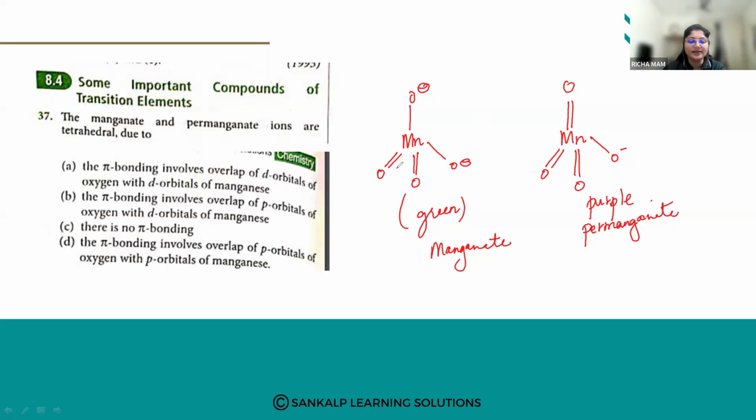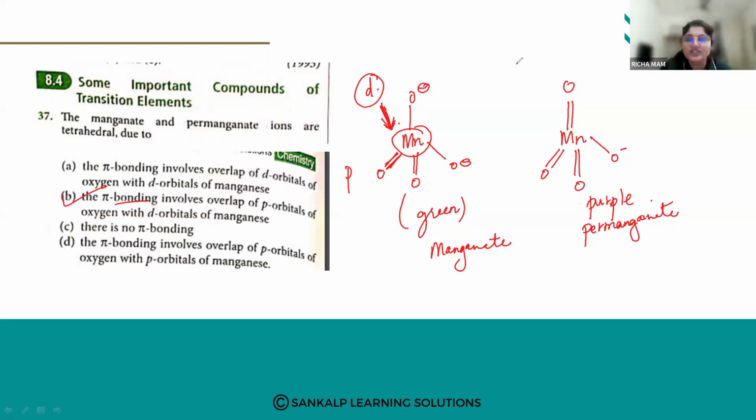Mn is a transition element, which involves d orbitals, and in oxygen we have p orbitals. So which orbitals are involved? P orbitals of oxygen and d orbitals of manganese. So option B is the correct answer.